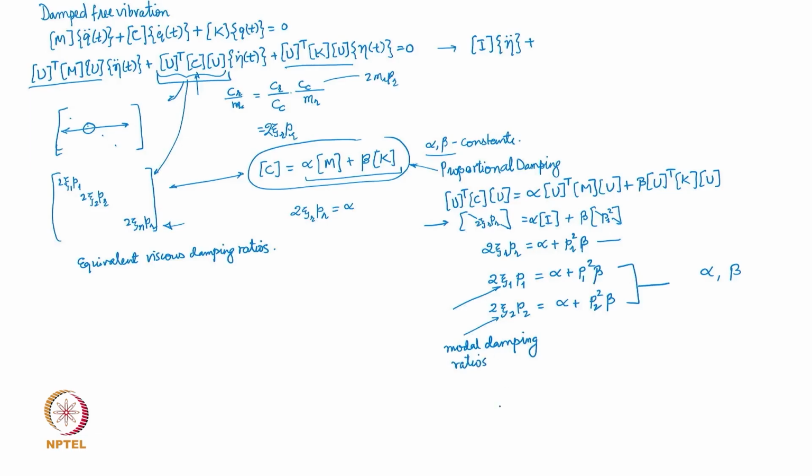Through an experimental approach, I can obtain these modal damping ratios, and then use them to solve these two simultaneous equations to get the values of alpha and beta. I can then use those constants in the damping matrix and use that in the solution process. How do I find modal damping ratios? Experimentally.